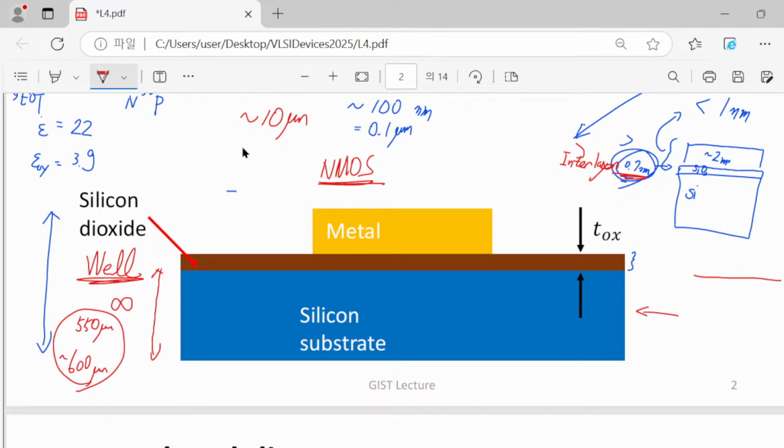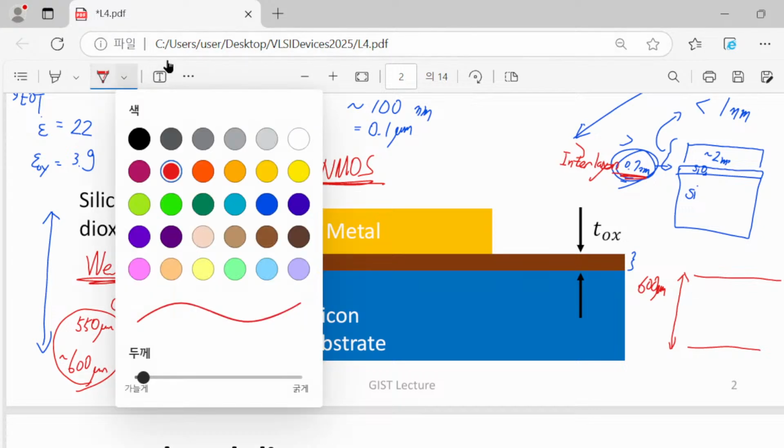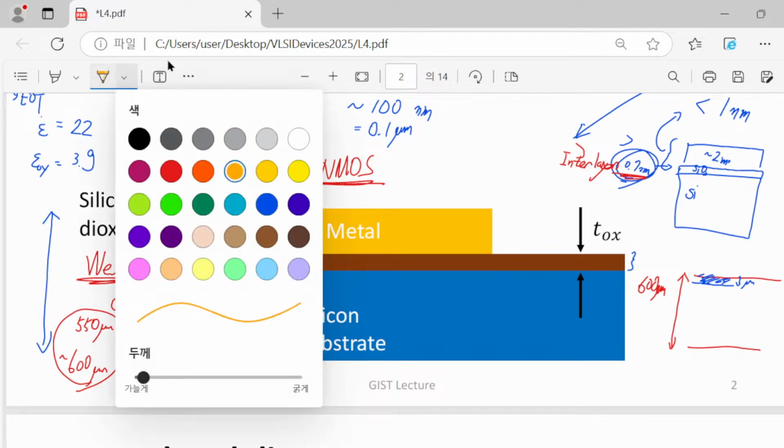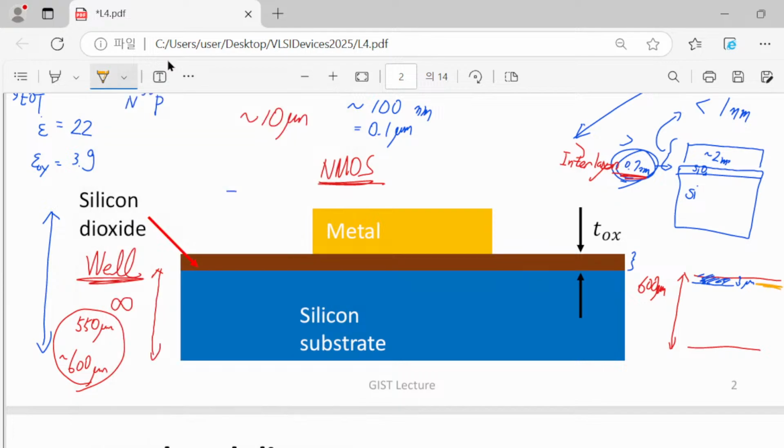So simply speaking, although your entire wafer is 600 micrometer thick, but so-called well in this notation is not 100 micrometer thick. It is just a few micrometer thick. Here you introduce a certain p-type dopant, and on the other hand, if you wanted to make a p MOSFET, then you have to introduce the other doping type here.